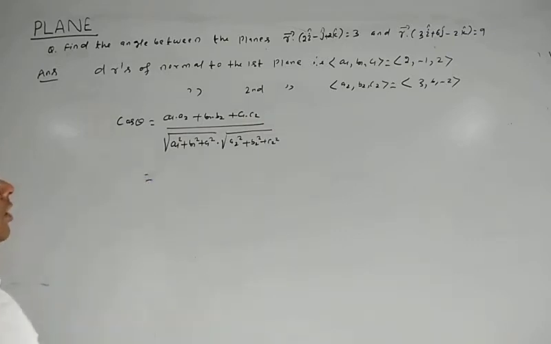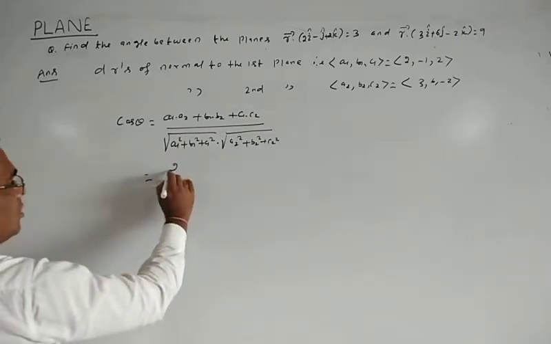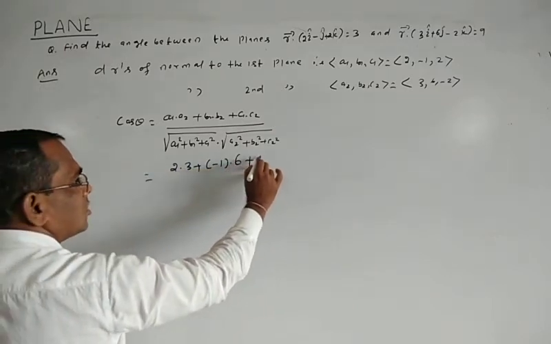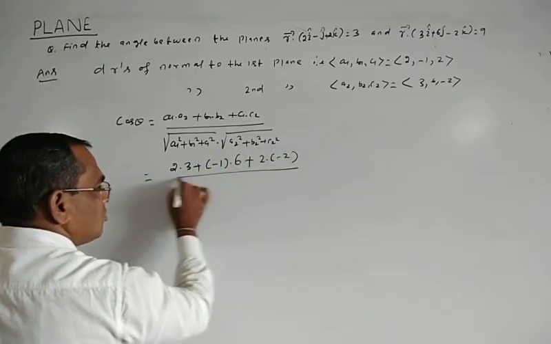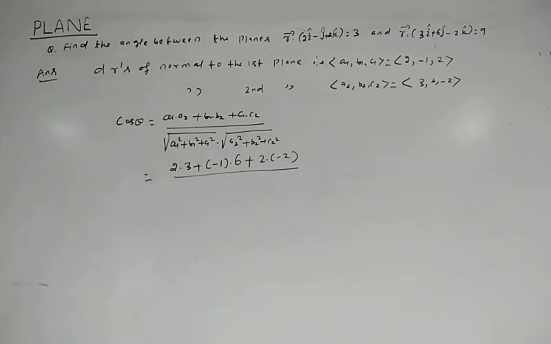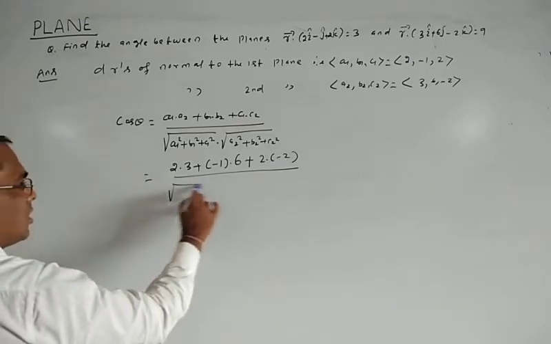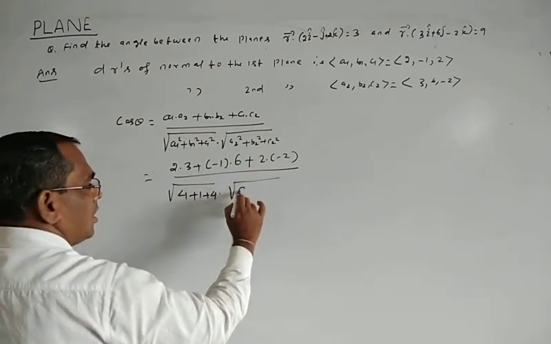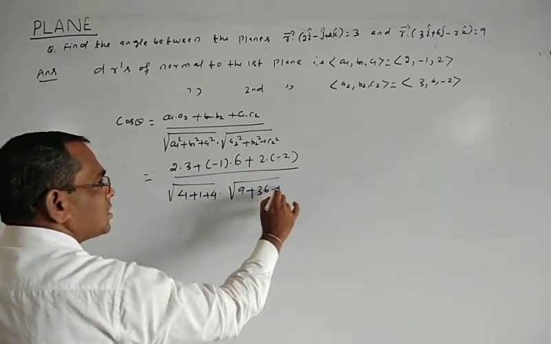And this is equal to a1 into a2, means 2 into 3, plus minus 1 into 6 plus 2 into minus 2, whole by root over 4 plus 1 plus 4 into root over 9 plus 36 plus 4.